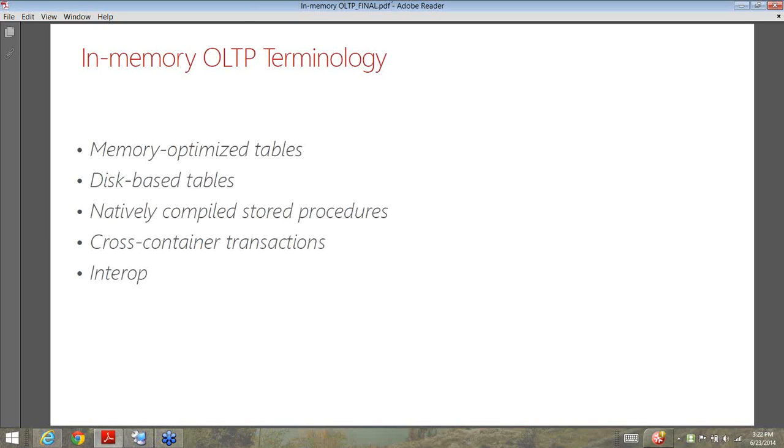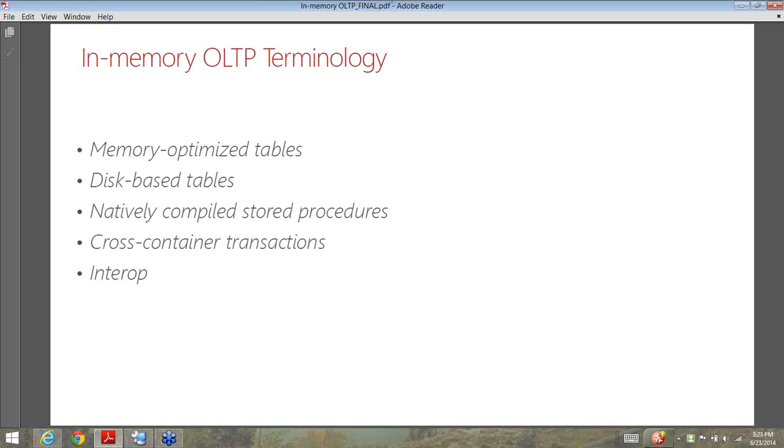Because it helps you improve your performance if you use them with your memory optimized tables. So the idea is that you have in-memory tables and you have disk-based tables. So if you're using natively compiled stored procedures, those stored procedures could only operate upon memory optimized tables. They cannot operate with the traditional disk-based tables, right?